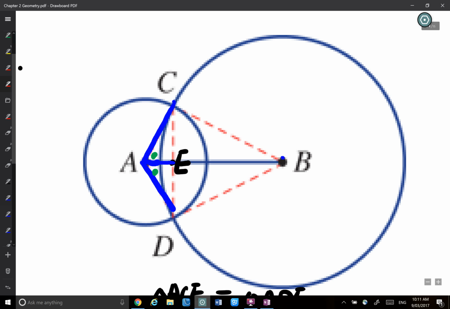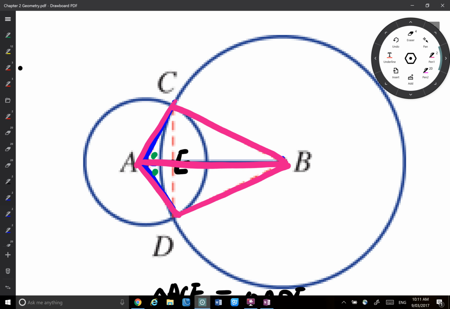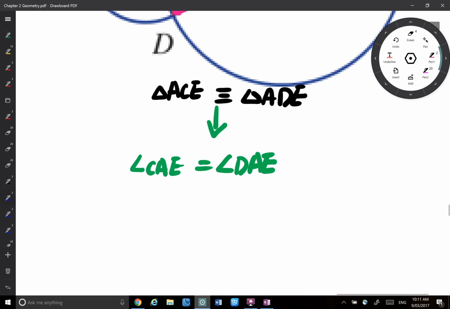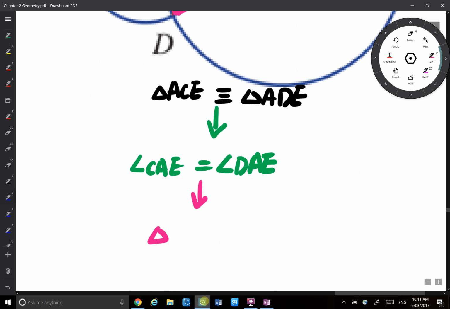Except for the two smaller triangles, I have two bigger triangles, this triangle and this triangle. If I can prove those two triangles are congruent, then I can prove those two pairs of angles are equal. So the next thing to prove is that triangles ABC and ABD are congruent.